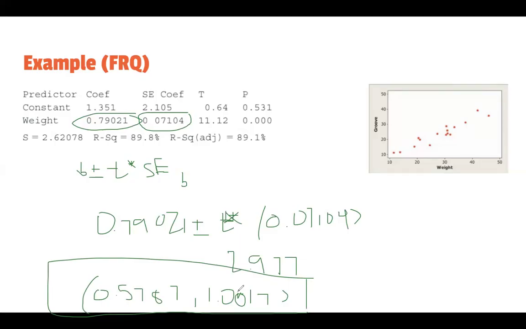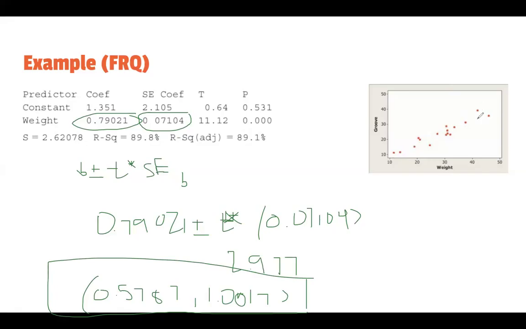So it's kind of like what we did before. If 0 was found in the interval, that means that there is no convincing evidence of a difference. Here, since 0 is not found in the interval, that means it's implausible that it's just a horizontal line, meaning we have convincing evidence of a linear relationship between these two variables.